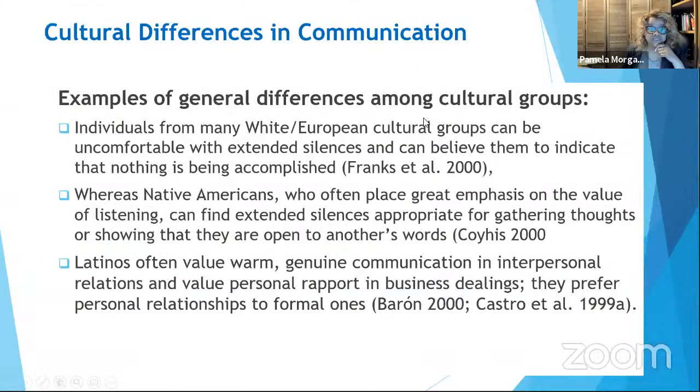Examples of general differences among cultural groups. So these are some general differences among cultural groups, but it's not written in stone. And that's what we have to remember. There are people who may be European or white European who were raised in a Black community.